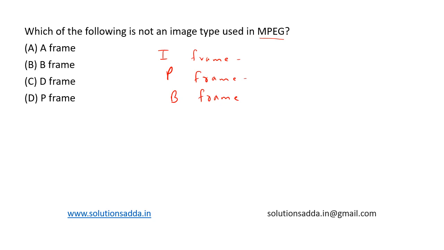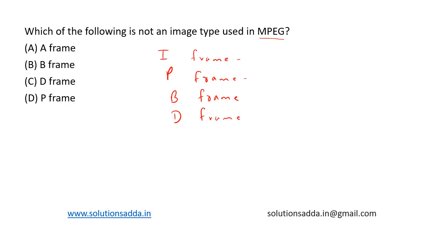It is bi-predictive coded picture. It contains motion compensated difference information relative to the previously decoded pictures. Each B picture can have only 2 reference pictures, the one which is preceding the B picture in display and the one which is following the B picture. The fourth one is D picture or D frame. It stands for DC direct coded picture.